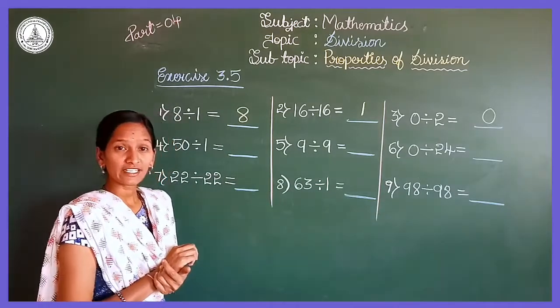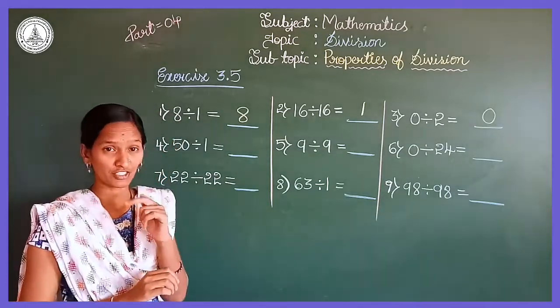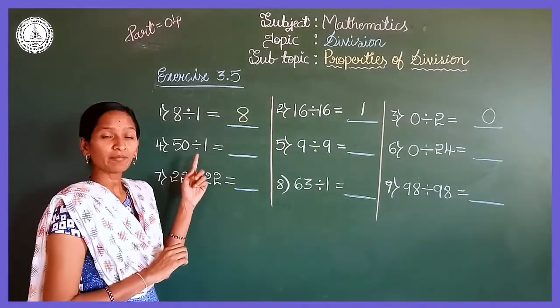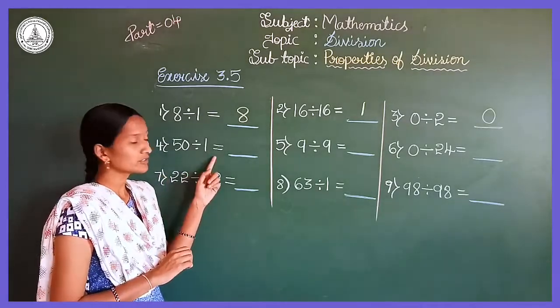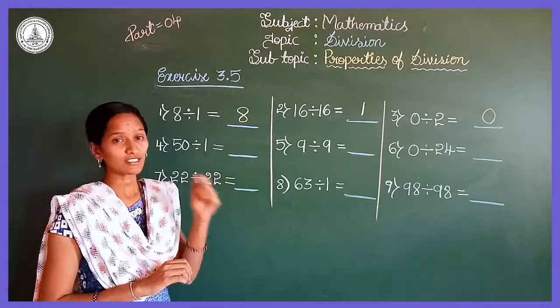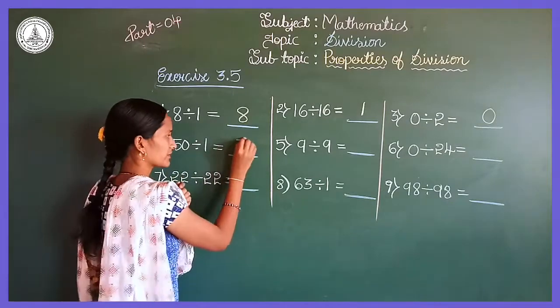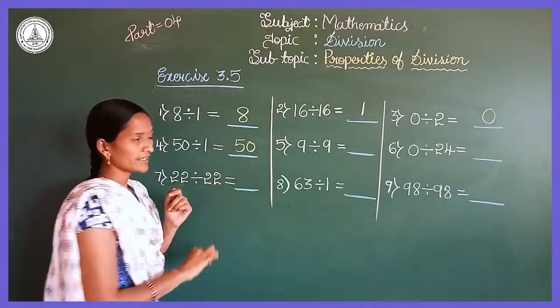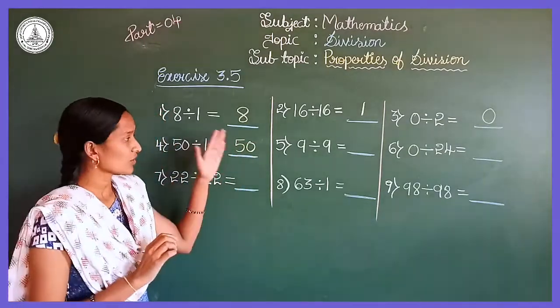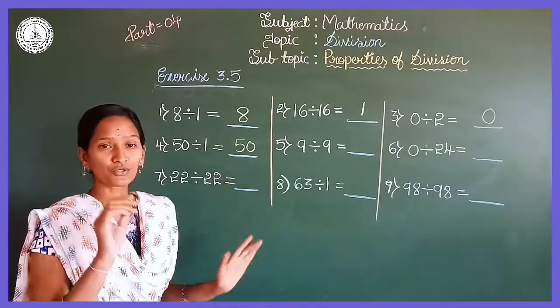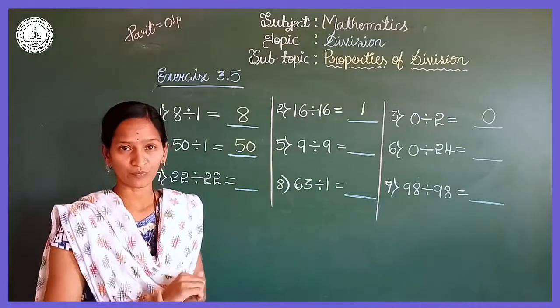It is the first property of division, right? Any number divided by 1 gives the same number as the quotient. So 50 divided by 1 gives us 50. So students, I solved up to 4. The remaining problems you have to solve at home.